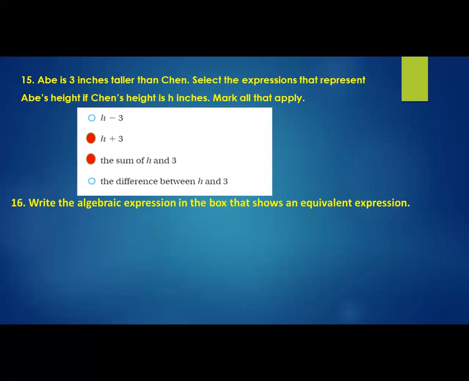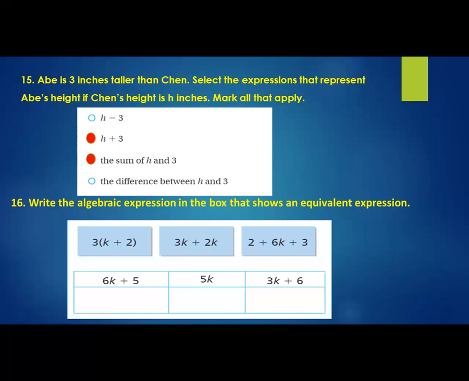Write the algebraic expression in the box that shows an equivalent expression. Three expressions are given, and below them the equivalent expressions are given. You have to match them. So 6k plus 5, with which expression will you match? You will match it with this one, because you will combine the like terms: 6k plus 3 plus 2 is 6k plus 5.